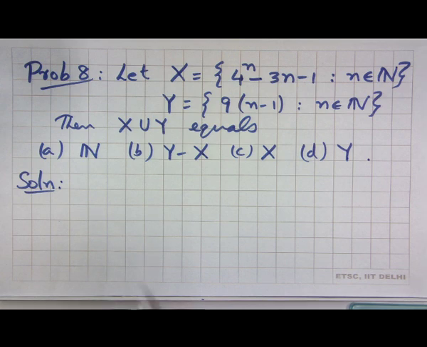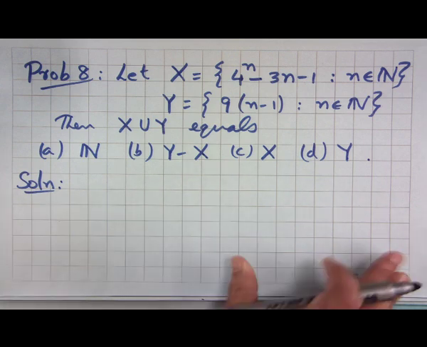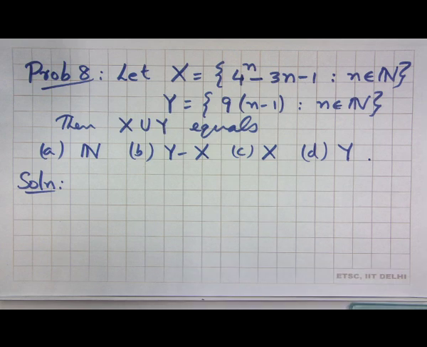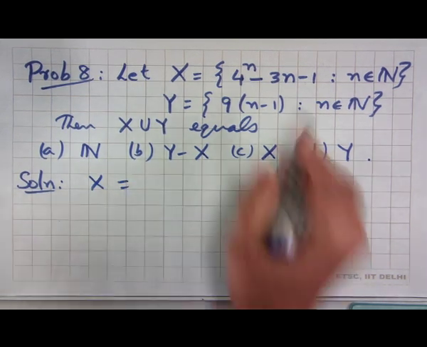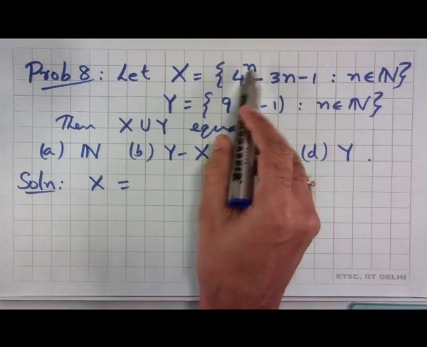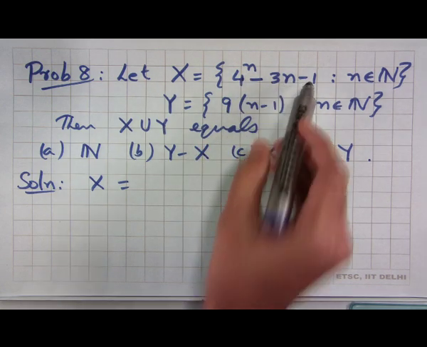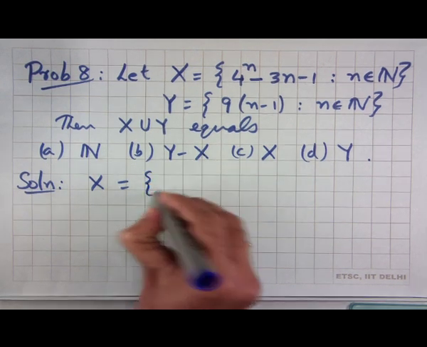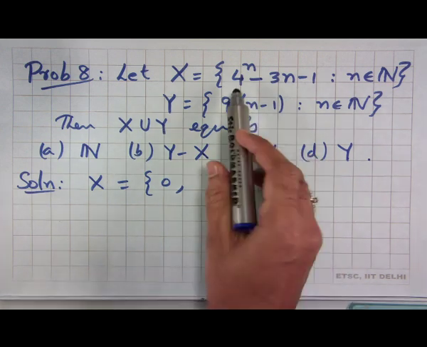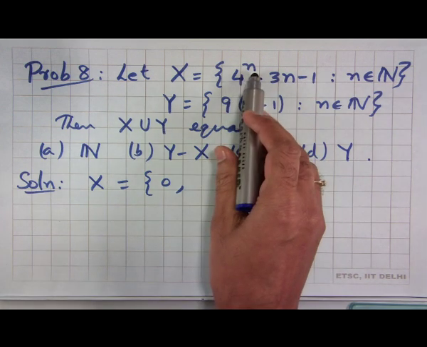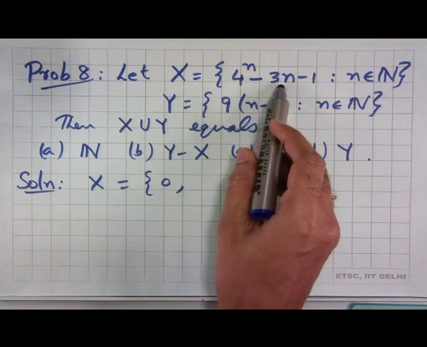So, to do such a problem, you can try to write down the first few elements of X and Y, right. So, if you see X, if I put n equal to 1, then this is 4 minus 3 minus 1. So, the first element here is 0. If I put n equal to 2, then 4 squared is 16, minus 6 minus 1.